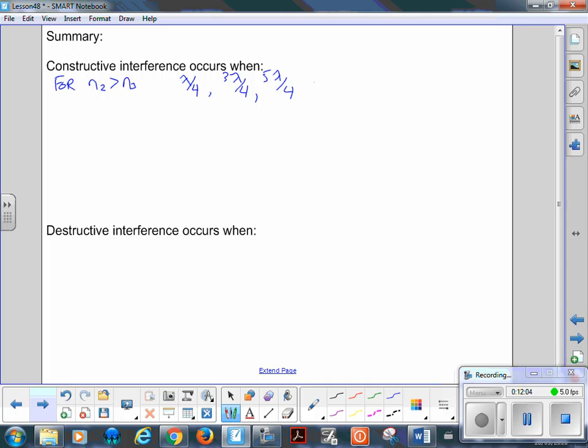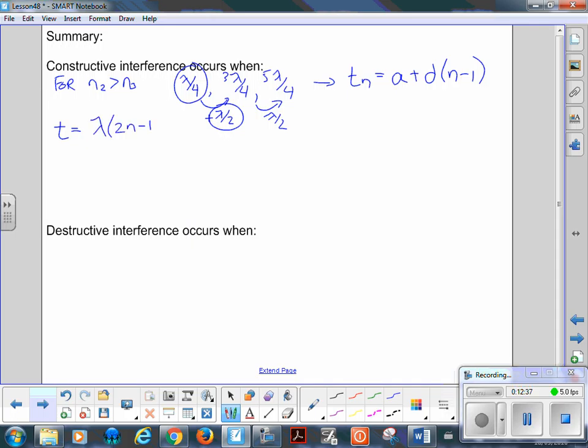We're adding half a lambda each time. So mathematically, we're using an arithmetic sequence. I'm not going to go through and show you all of the math, but this is the formula that I would be using, where my A value is the first term. Here is my D value. So if I go through and do the calculation, we find that the thickness for constructive interference is going to be T equals lambda (2n minus 1) over 4.